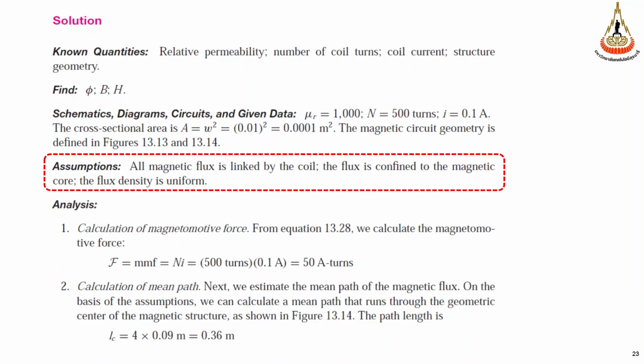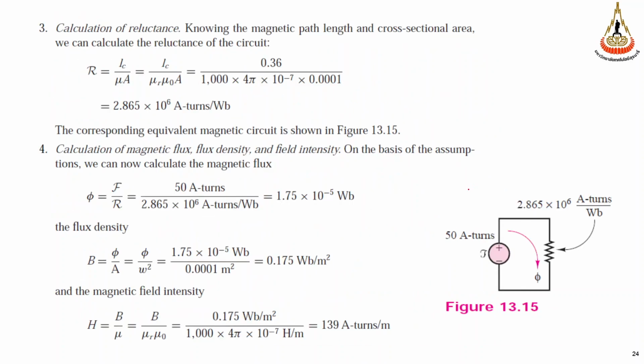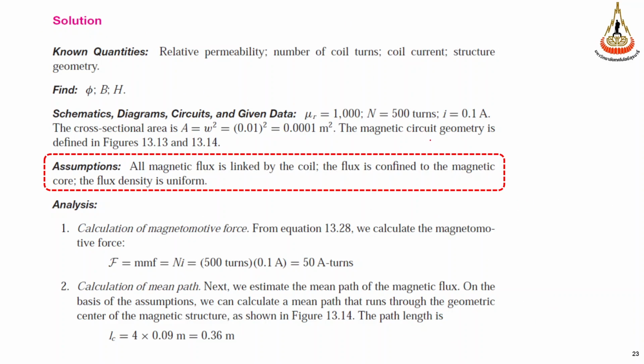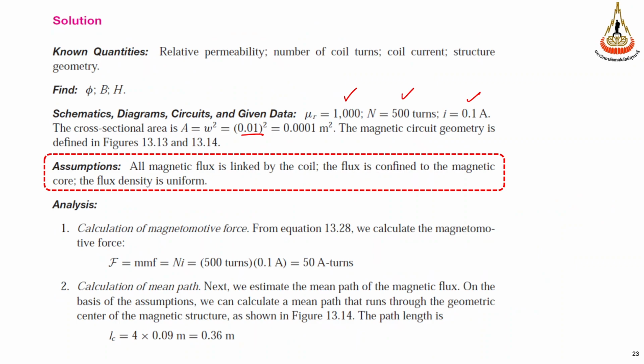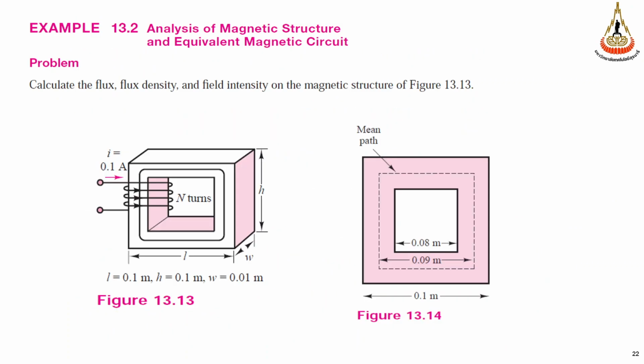We have the magnetic circuit. The given data is mu R is 1000, number of turns is 500, and the current is 0.1 amp. The cross section area is this. Where is the figure? Oh, this is the figure of this example.